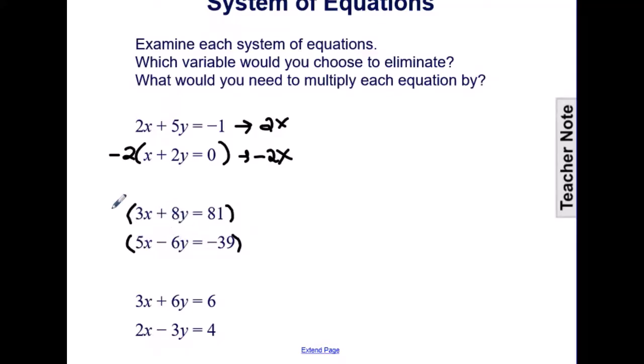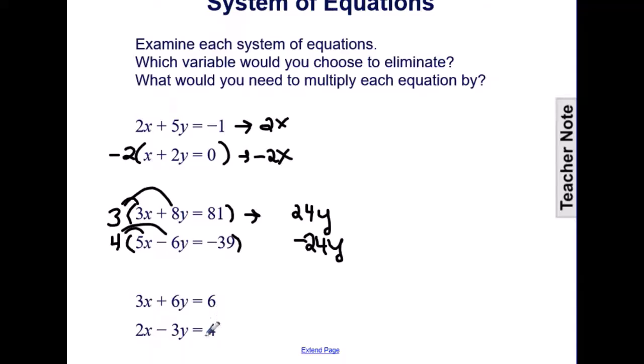So I can multiply the top equation by 3 and the bottom equation by 4, and if I multiply through, it will give me 24y, and the bottom equation will give me negative 24y, which will then eliminate. So there I was looking more at the fact that they had opposite signs.